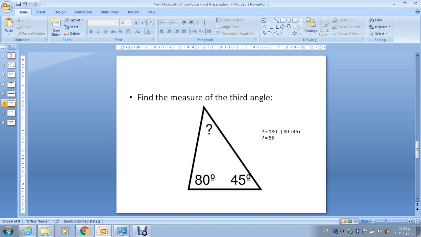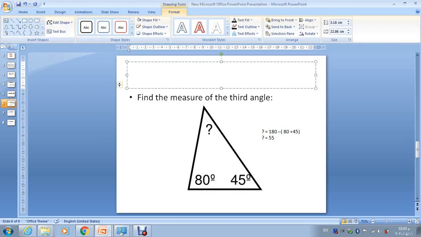I told you now that all the angles in this triangle equal 180. If I know the sum of 80 plus 45 together, can I know what is left?